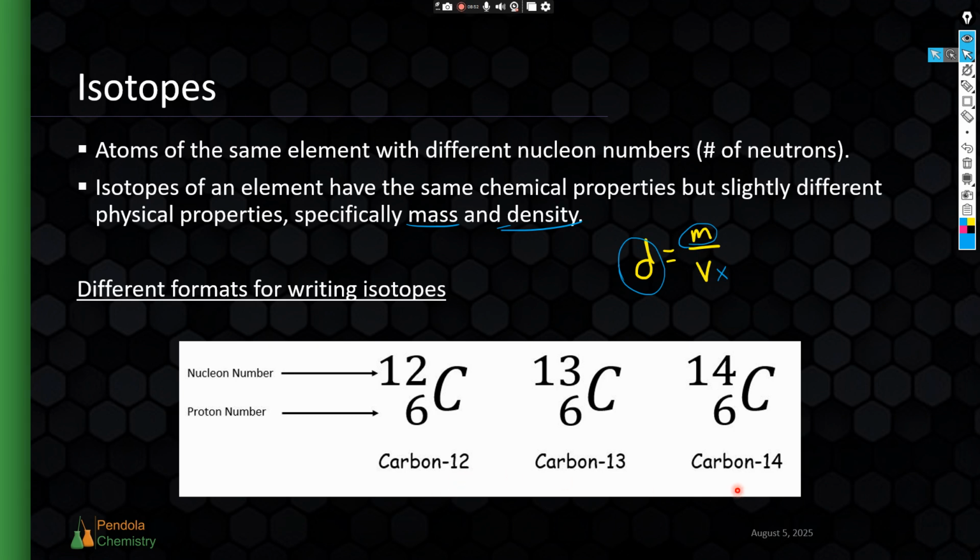A few things to point out here. We have carbon-12, carbon-13, and carbon-14. These are three different isotopes of carbon. There is no carbon and then isotopes of it. When we talk about isotopes, we are talking about different versions of the same element, but there is no main version. There is no one isotope that's the isotope and then isotopes of that element. We can think of this like with twins or triplets.